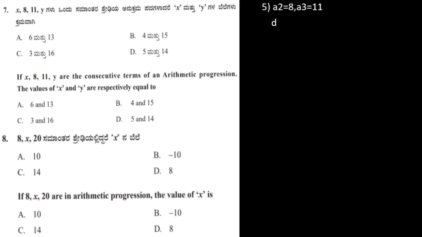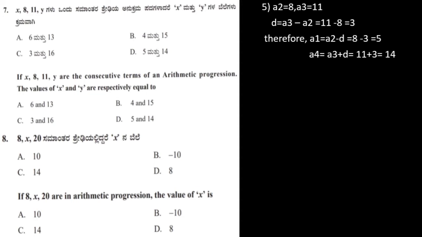By subtracting both we get the difference is 3. Now we subtract the difference from A2 to get A1, because adding A1 plus D gives A2. So A1 is equal to A2 minus D, which is 8 minus 3, equal to 5. For A4 we add A3 plus D, which is 11 plus 3, equal to 14. Therefore option D, 5 and 14, is the correct answer.